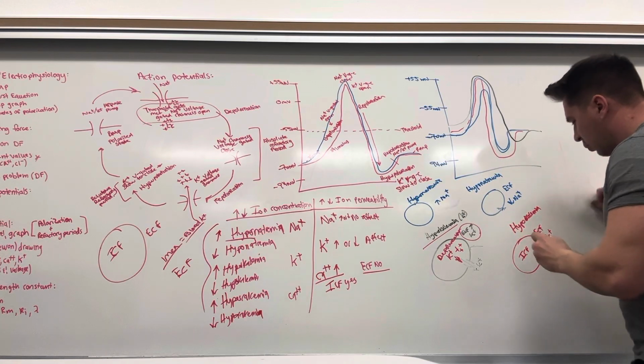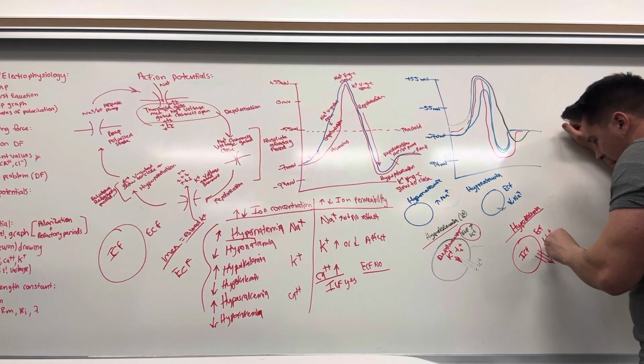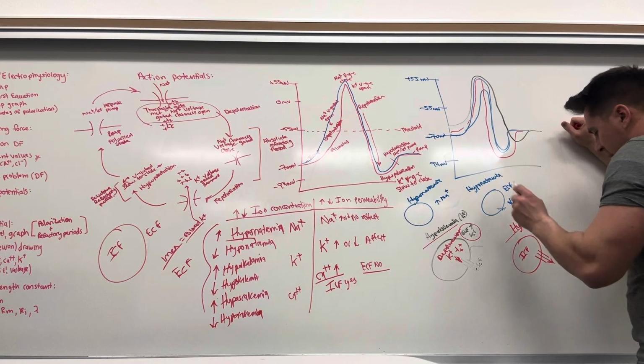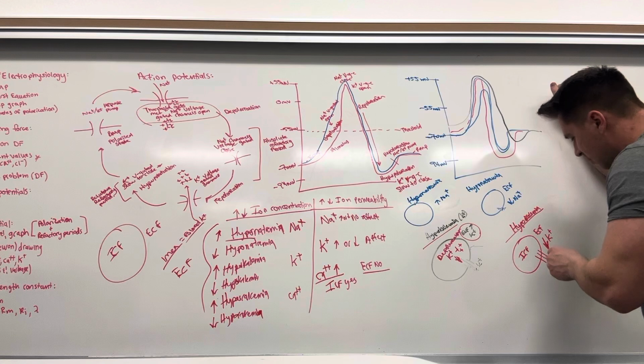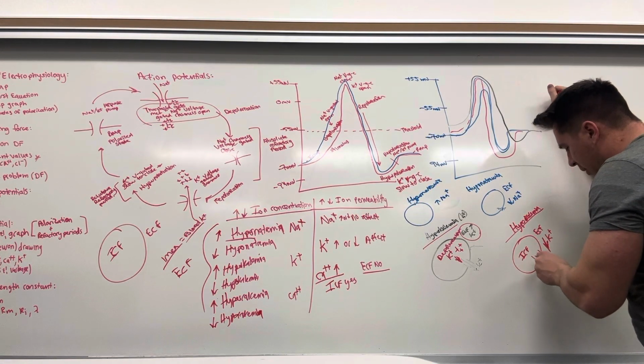On the other hand, with hypokalemia, if it's low on the outside, this is going to hyperpolarize. And when this hyperpolarizes, well, if it's low out here, they want to come out more. This becomes more negative.